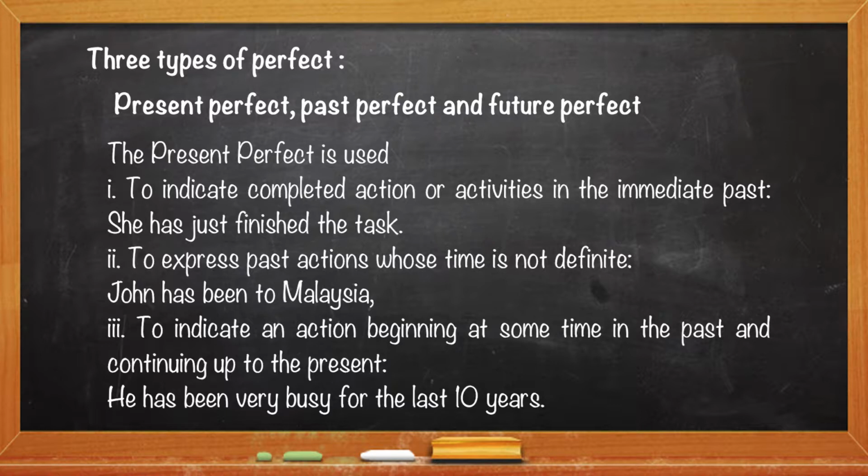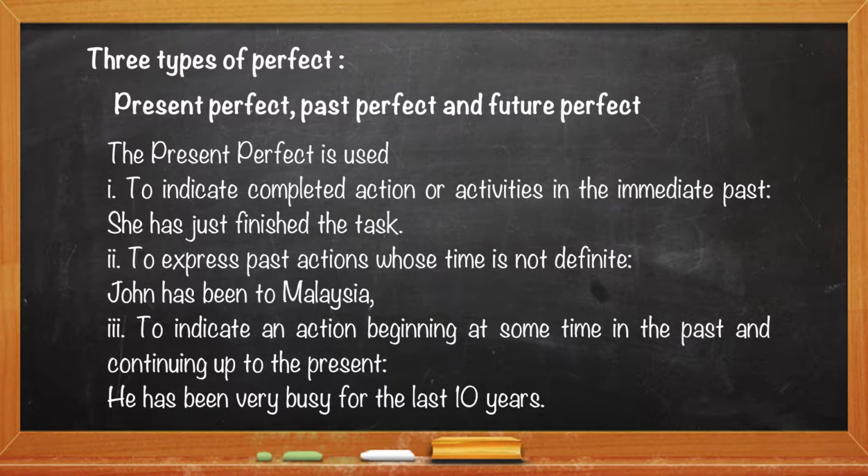We also use it to express past actions whose time is not definite. John has been to Malaysia. Mary has been to Delhi. So, we do not know when, but it expresses a sense of time and a completed action. It is also used to indicate an action beginning at some time in the past and continuing up to the present.